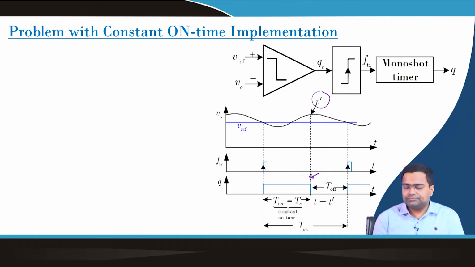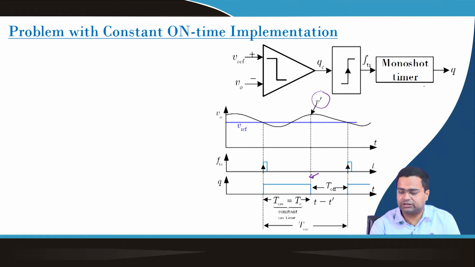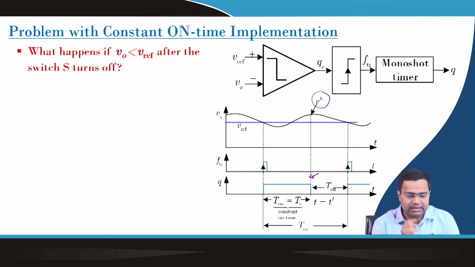But what will happen if, after the on time is over and the monoshot timer goes low, V dash is lower than VREF? That means the output voltage is smaller than the reference voltage after the switch turns off. I am talking about this particular instant.